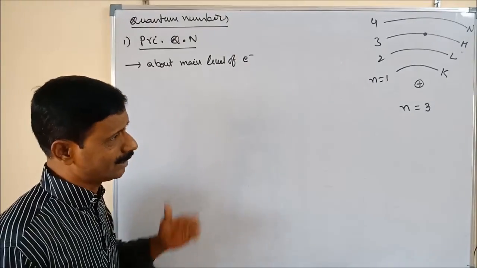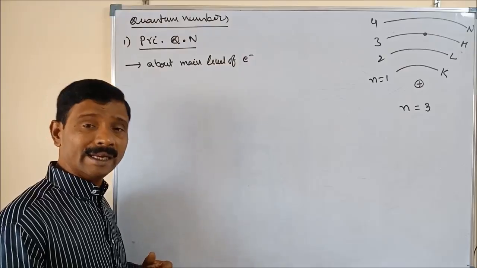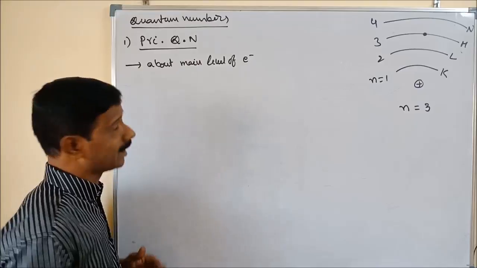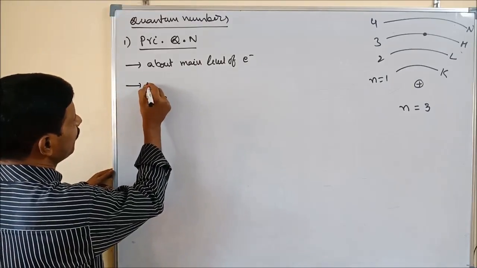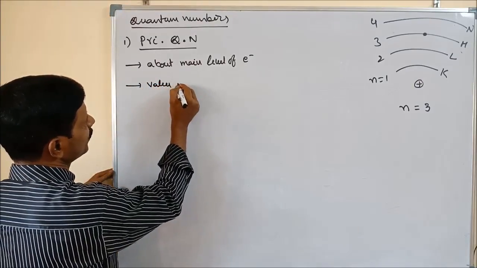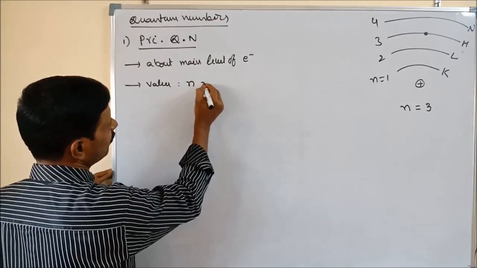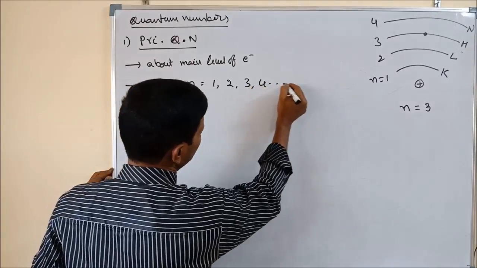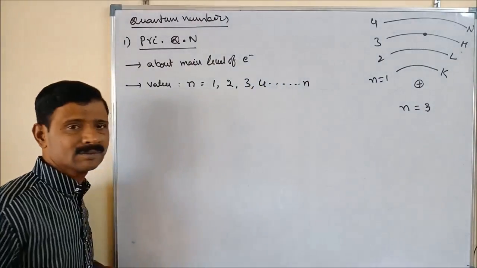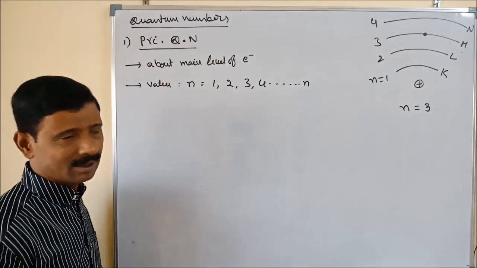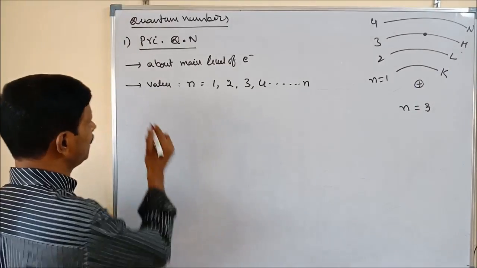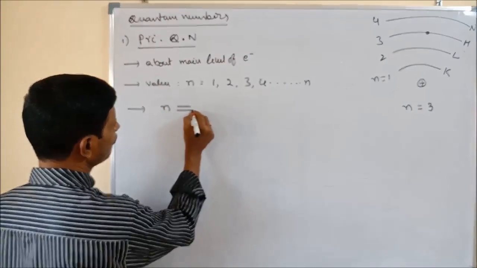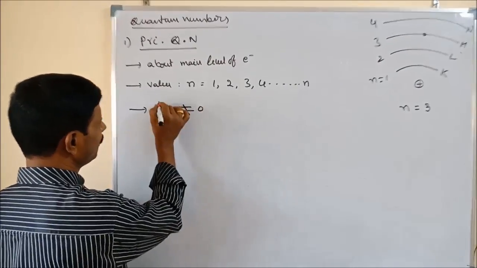As you know, it was introduced by Niels Bohr and represented by the letter n. The values of n, the principal quantum number, are 1, 2, 3, 4 and up to n, which is the number of the orbit. Here you should remember one thing: for any electron, the value of n should not be equal to 0.